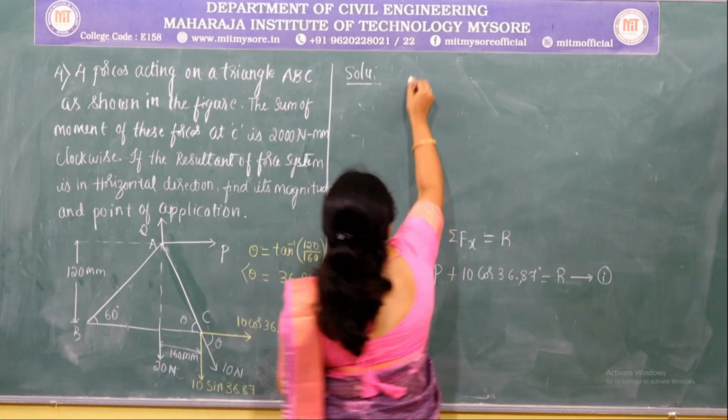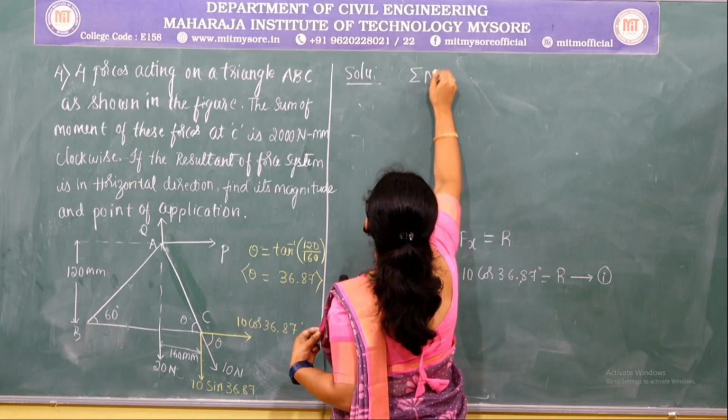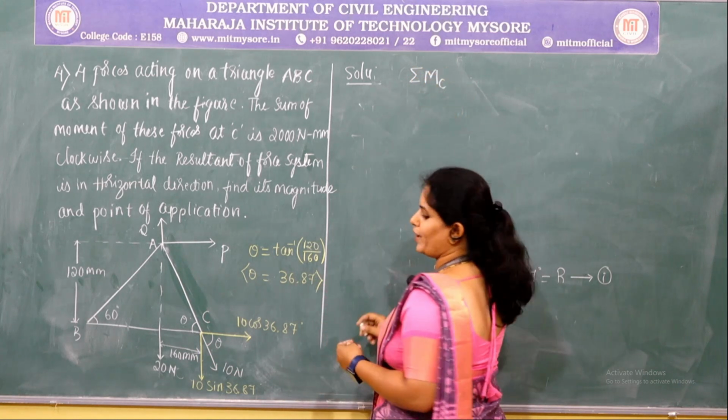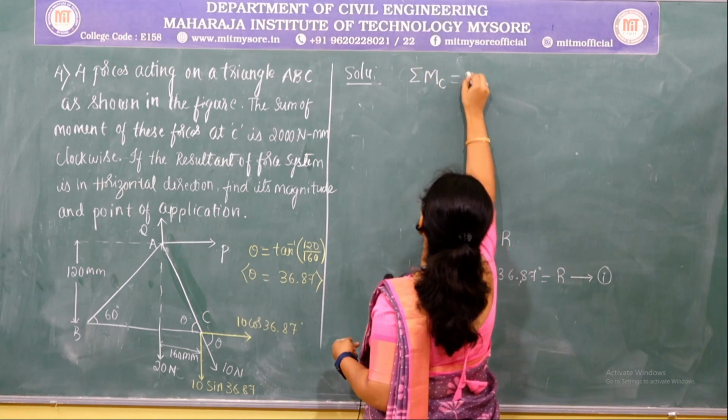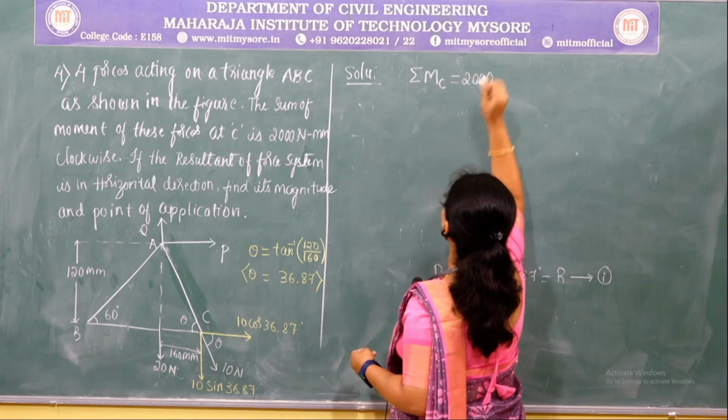And also we know that the summation of the moment about point C is equal to 2000 Newton mm clockwise.